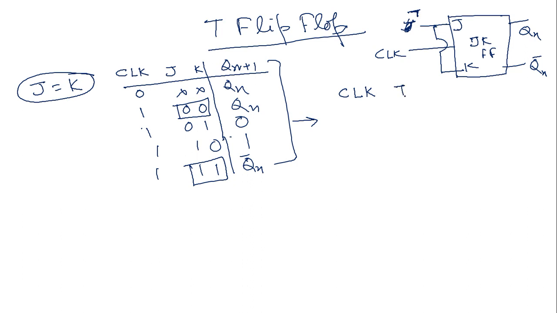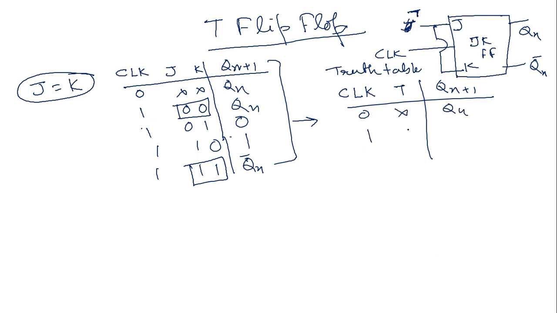With clock, T and Qn plus 1, that is the truth table. For T equals 0 it is Qn, and when T is 1 it is Qn complement.